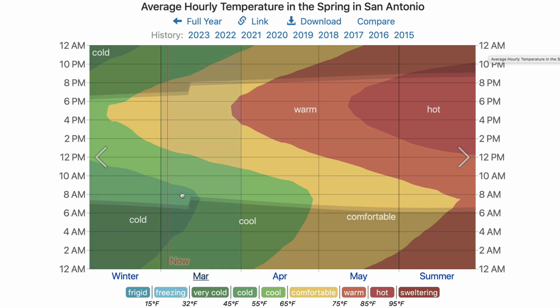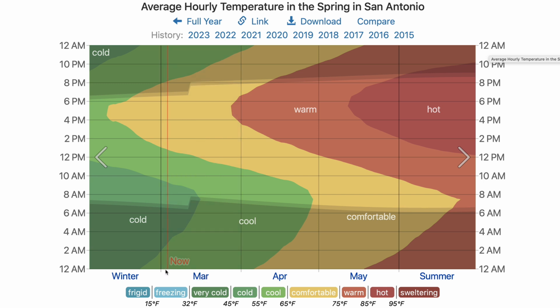Now notice that dark green, the cold, it's kind of narrowing down. As we move along through the months into April, the chances of having cold weather lessen more and more, to the point where we're no longer. So mid-March is typically when we have our last frost date.